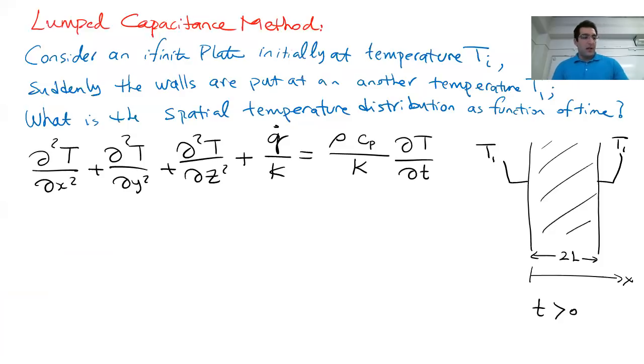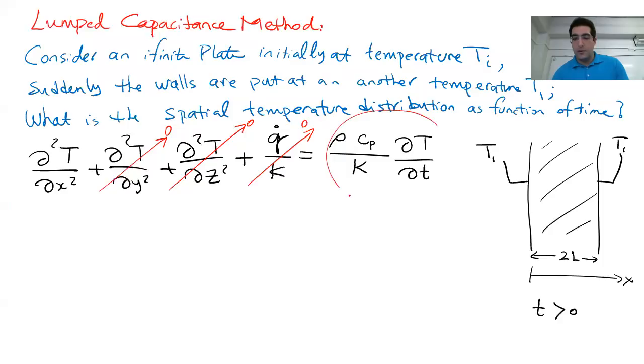Now, for this case, first of all, we're assuming any heat conduction happens only in one direction. So let's assume there's no heat transfer along the Y or Z direction. So these two terms go to 0. We have no heat generation, right? There's no heat source inside, so the heat generation term also goes to 0.